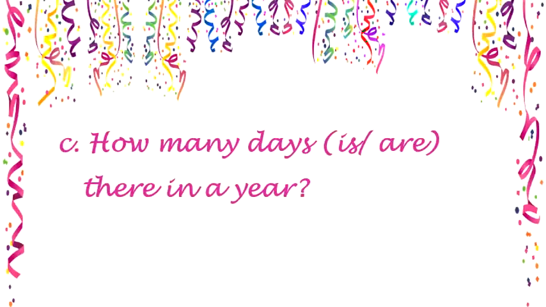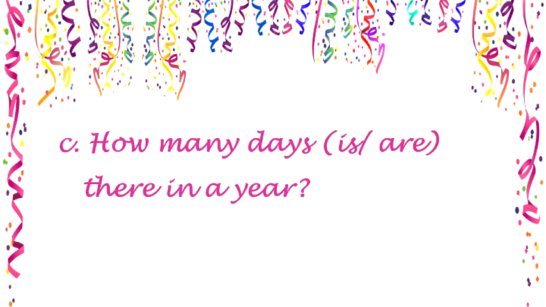Next we have, how many days is or are there in a year? Now again think about what you are talking about. Days in a year? So days is the subject. Now is it singular or plural?